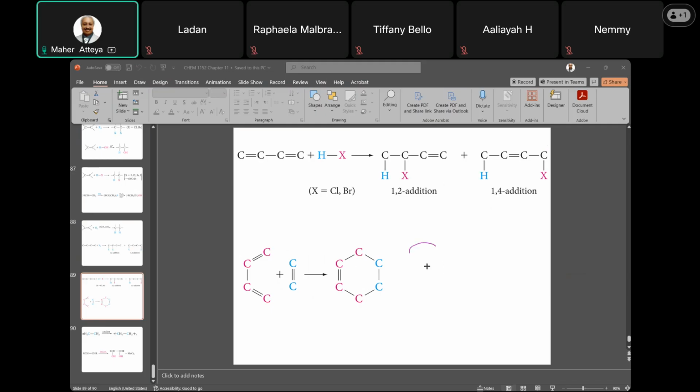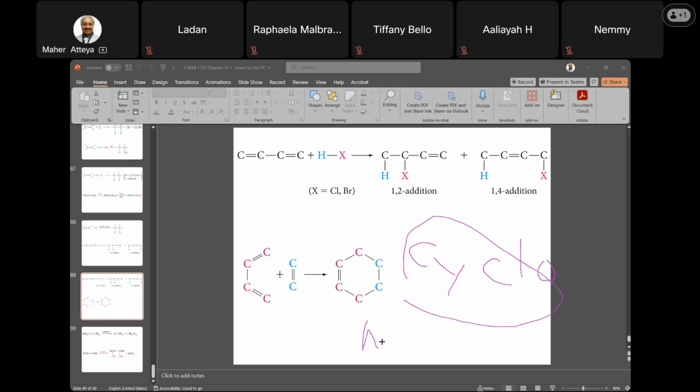So this is cyclo, then cyclo means start with the ring, and then hex, 6 carbons, and then you have ene, that's a double bond. Now, we have only one ene, so we don't have to write 1-ene. But if we have more than 1 double bond, then we have to number them where they are located, correct?